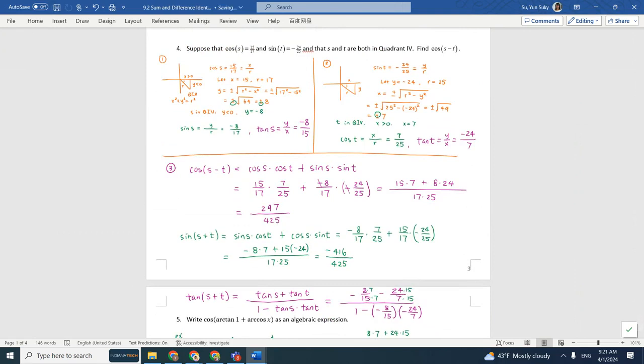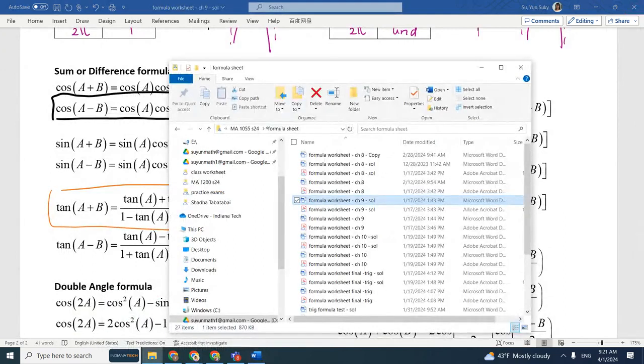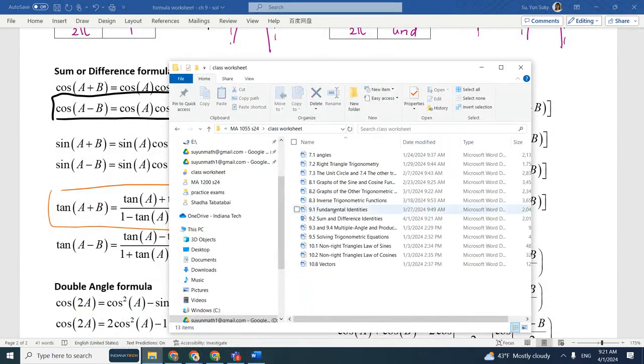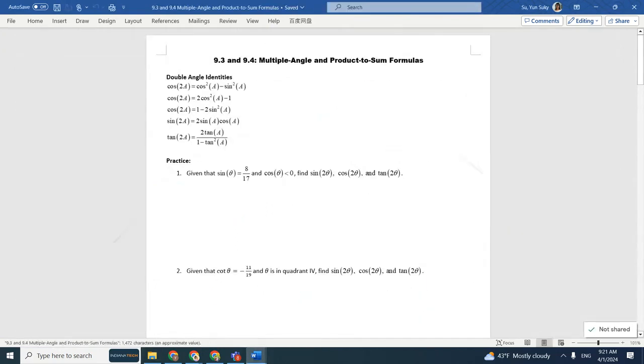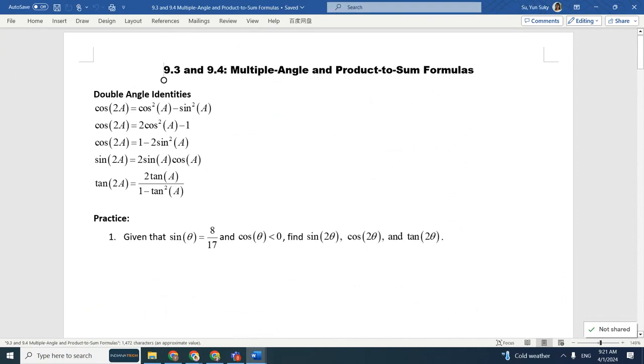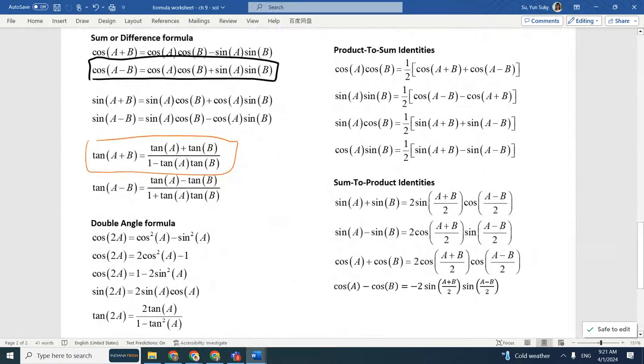Okay, so this is 9.2. And now let's go to 9.3. It's actually 9.3 and 9.4 combined together. So in this session, we talk about double angle identities. How do we get these double angle identities? Well, we use the sum and difference formula.